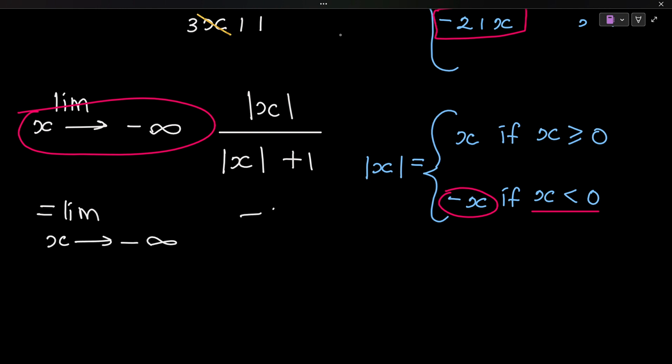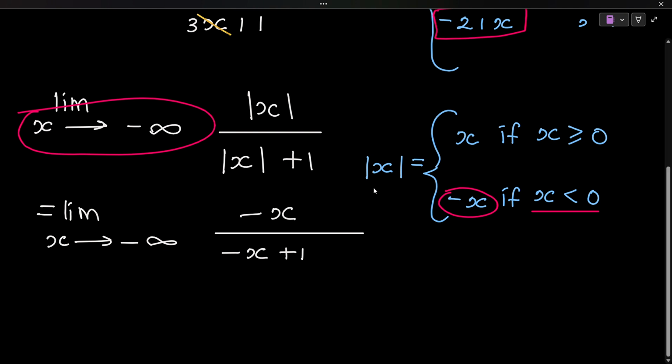So in the numerator, we have negative x. In the denominator, we've got negative x plus 1. And now we just work with this as we would with limits at infinity. So we go to our denominator, we find the term with the highest power of x. In this case, it's just the negative x. So x has an exponent of 1 here. We are going to divide throughout by x.